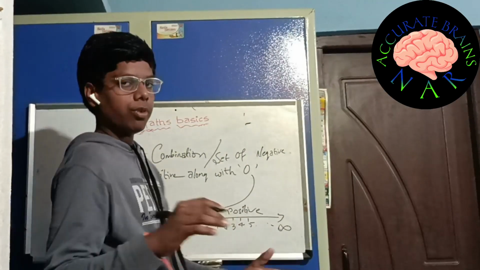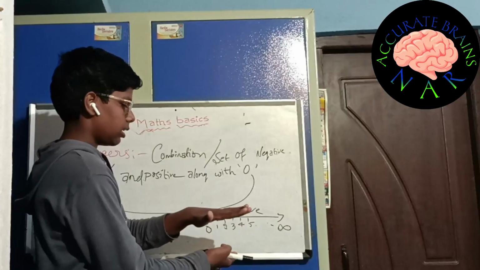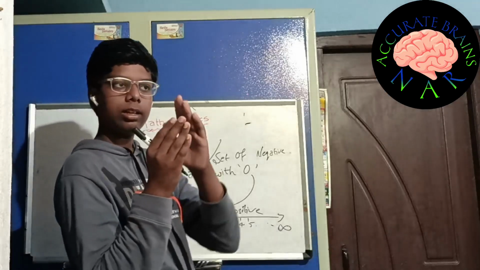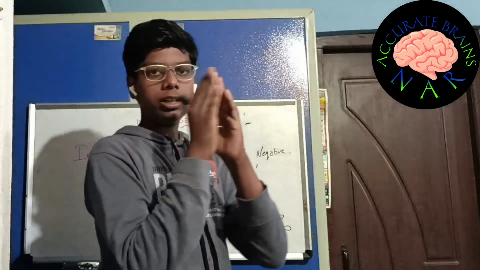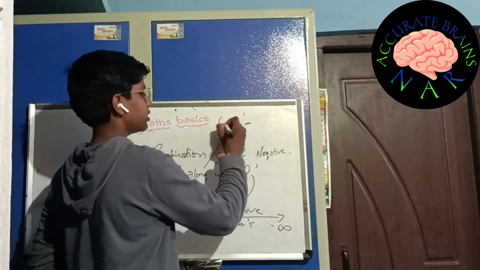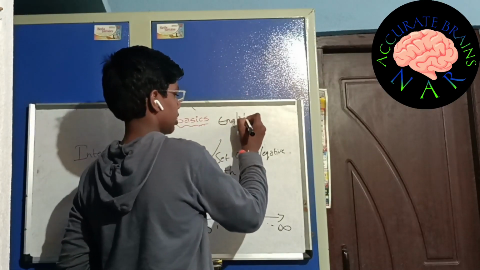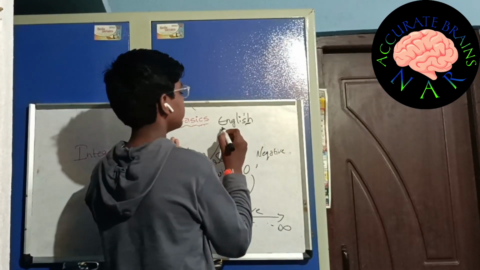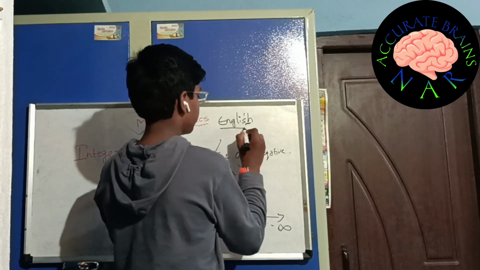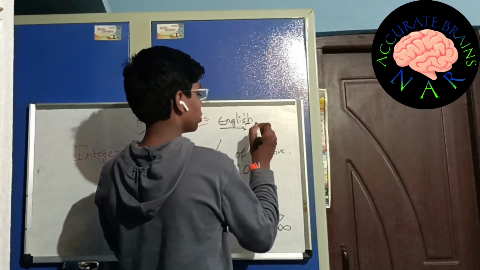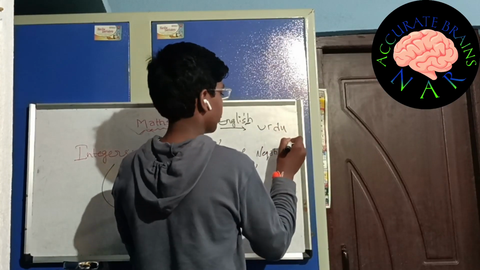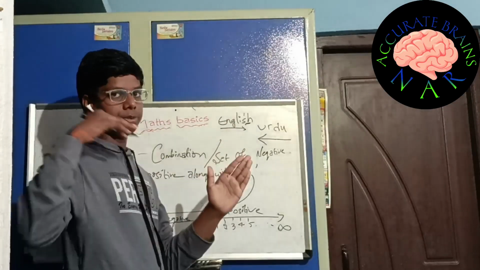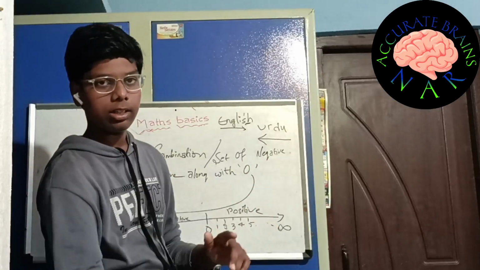If we rewrite this in reverse form, for example, English is written left to right, but Urdu is written right to left.